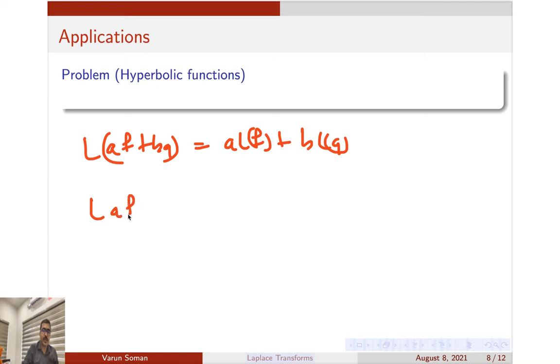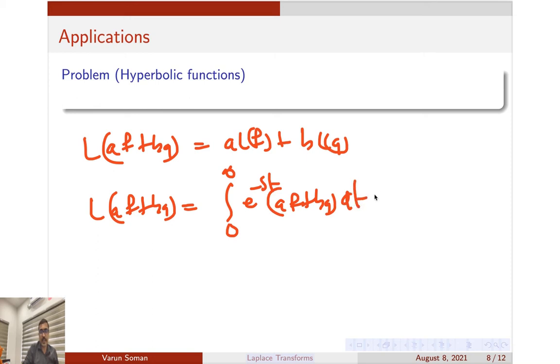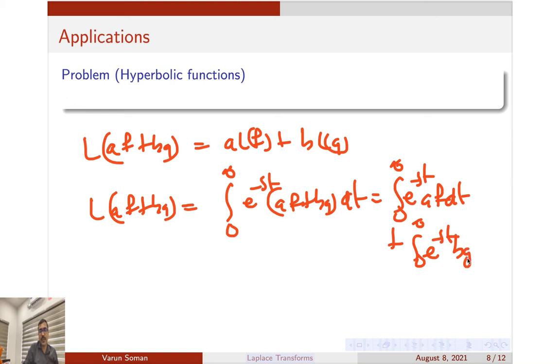I am going to apply the definition: integral 0 to infinity e raised to minus st into af plus bg dt. I can write this as integral 0 to infinity e raised to minus st into af dt plus integral 0 to infinity e raised to minus st into bg dt, due to the linearity property of integrals.